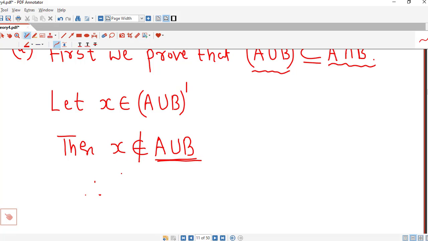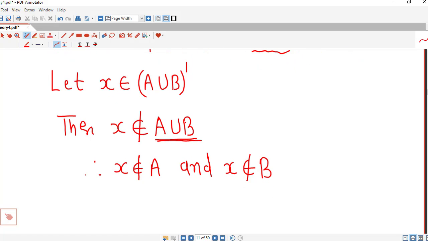Now X is not in the union, that means X must not be in A as well as X must not be in B, because if X is in A, then X will be in the union. Similarly, if X is in B, then X will also be in the union.